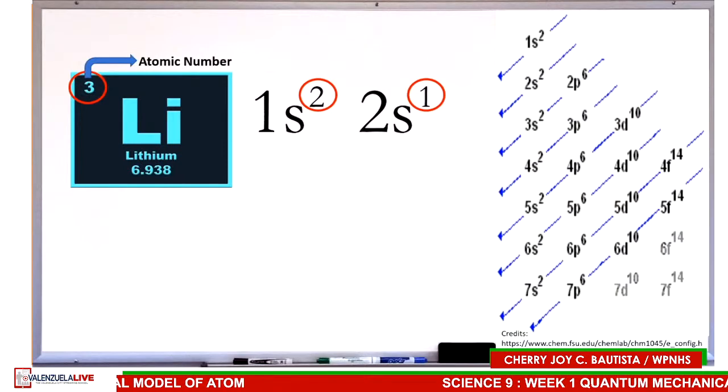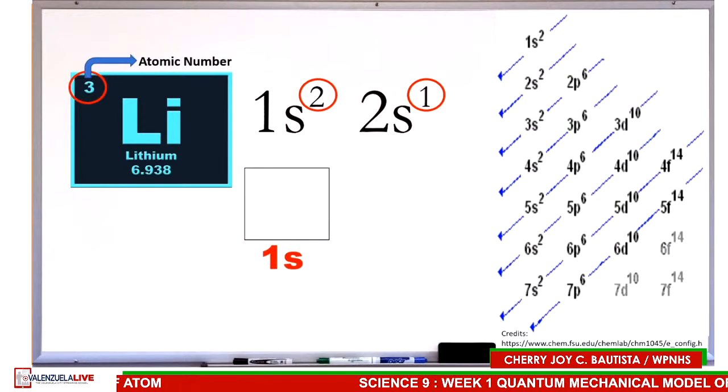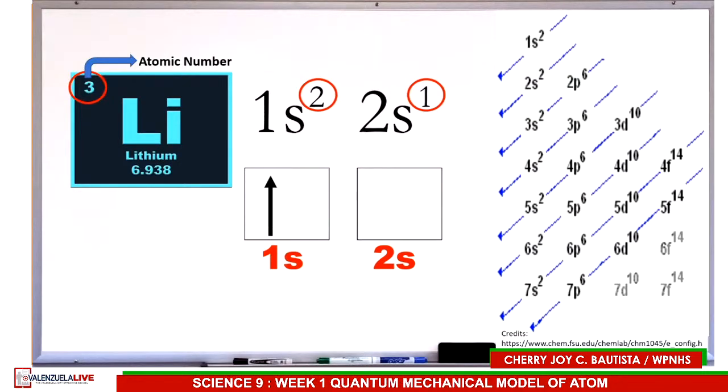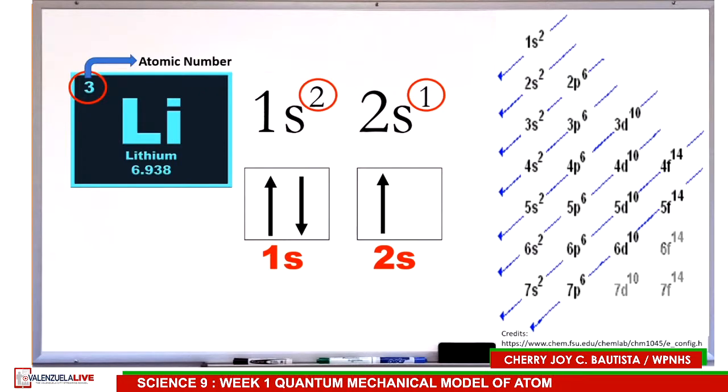Again, s has one orbital, so we have one orbital here, and another orbital for 2s1. Then, let's write the arrows following the Pauli exclusion principle and Hund's rule. We have 1, 2, 3. This is the orbital diagram for lithium.